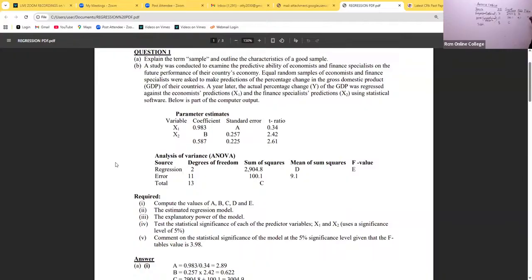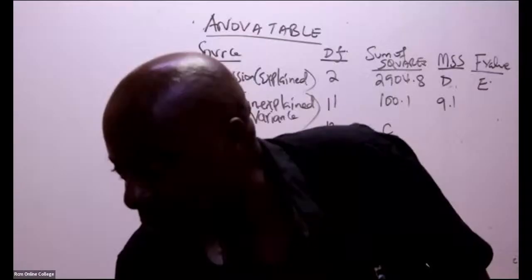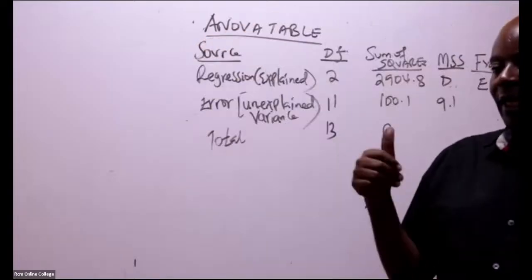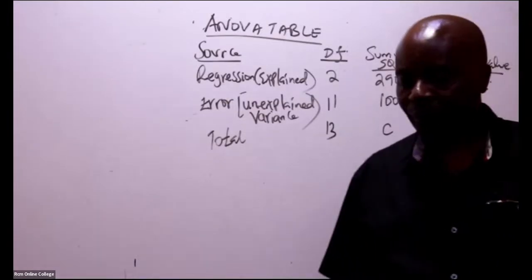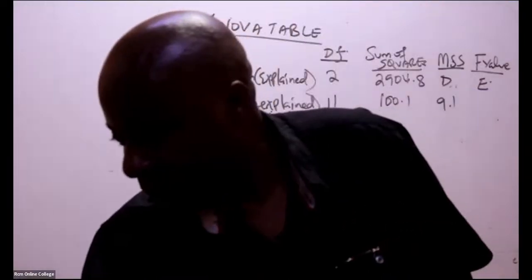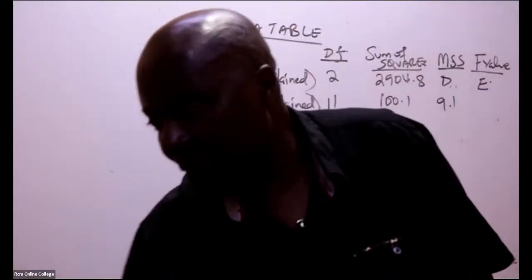The F value, I can see an E there. So first of all, let's put down this ANOVA table, and once you finish writing it, please mention there, yes, we are okay. Yeah, people have been able to confirm.